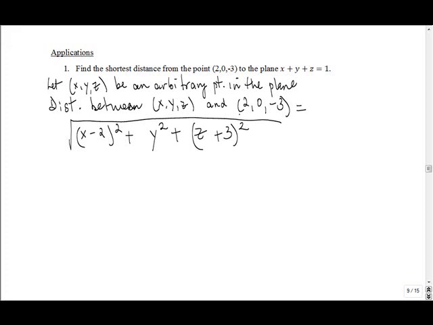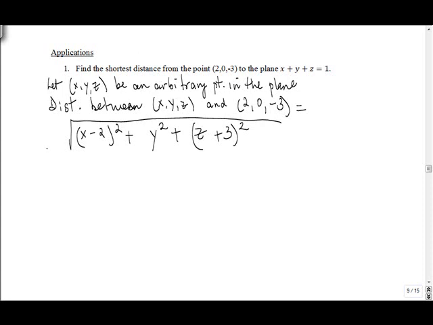But this is a function of 3 variables here, right? You only know how to find extrema for a function of 2 variables. So I need this to only have x and y and not z. How do I do that? Here is the clue. The arbitrary point x, y, z lies on the plane. So it satisfies the plane.